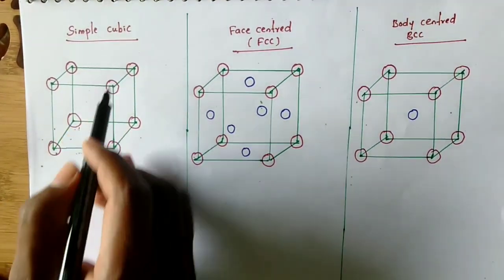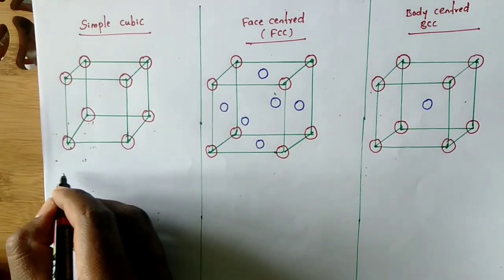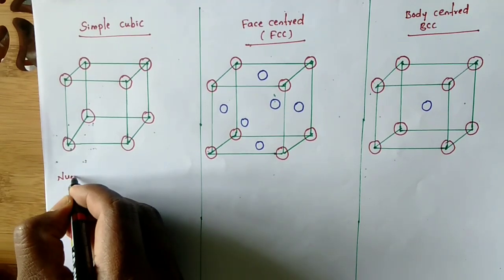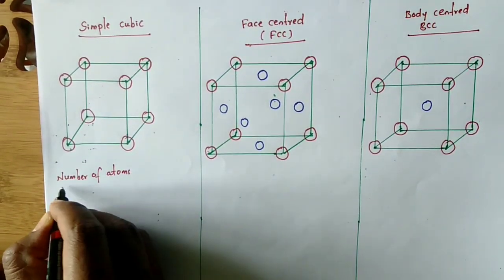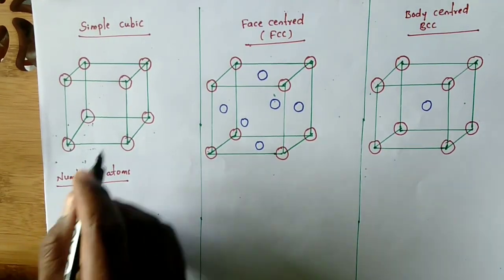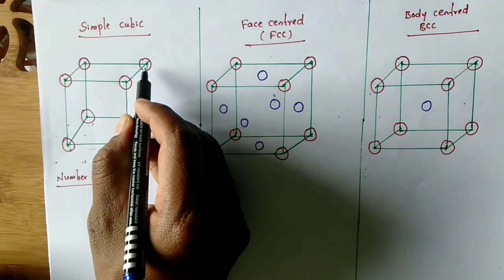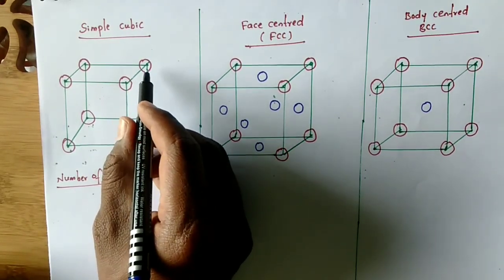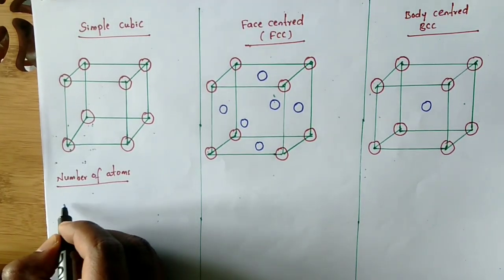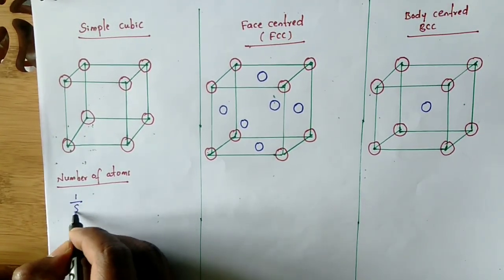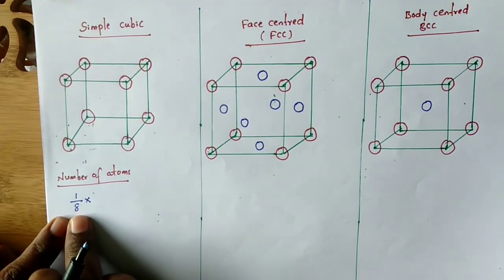So for the simple cubic system, first of all let's find the number of atoms. We know that the atom present at the corner contributes 1 by 8 to this unit cell, because each atom's contribution is 1 by 8.